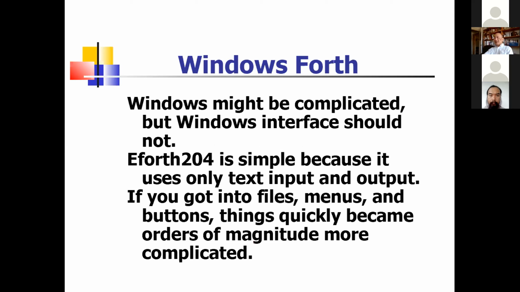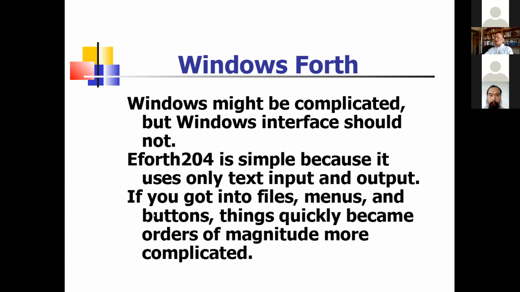Windows might be complicated, but the Windows interface should not be. And eForth 204 is simple because it uses only text input and output. It just opens up two windows for input and output, and that's it. If you try to get into files, menus, and buttons, things quickly become orders of magnitude more complicated.